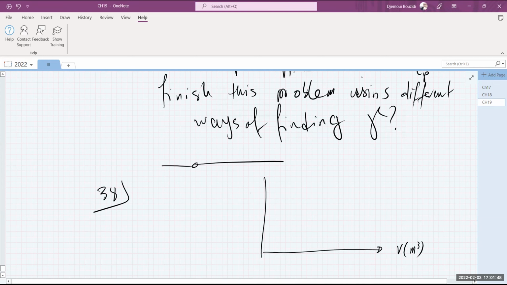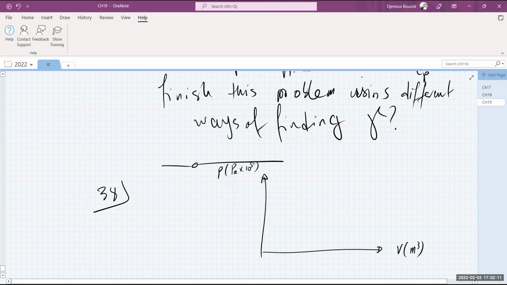The pressure is in Pascal, actually. It's in Pascal times 100,000. So whatever those numbers are, you have to basically multiply them by 100,000.